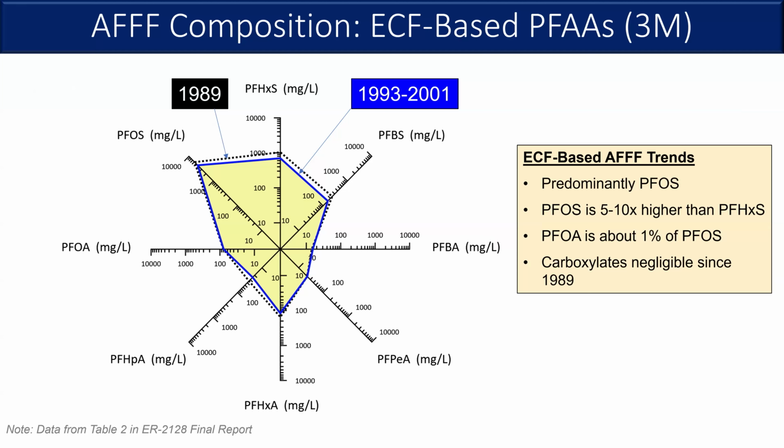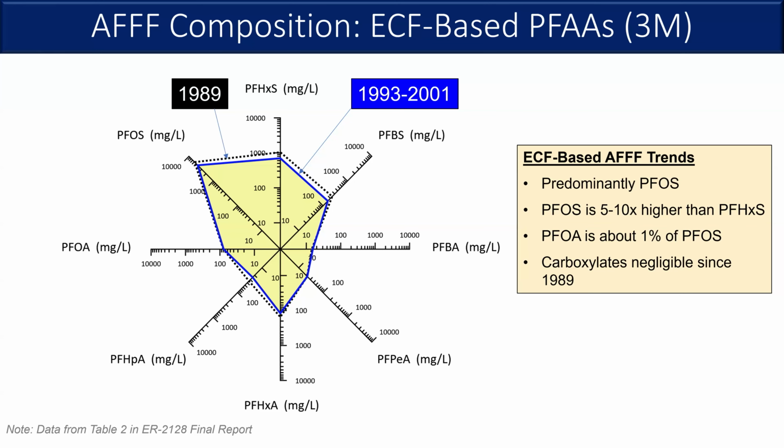With this report, I'm just using a radial diagram to plot the data that they had in the report. And we can see with ECF-based AFFF products, PFOS is by far the highest concentration. That's going to be over several thousand milligrams per liter in the raw AFFF. You can see PFHxS is also high, but typically that's maybe 10 to 20% of PFOS in the raw product.